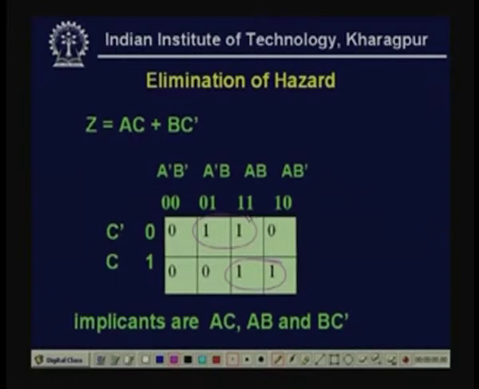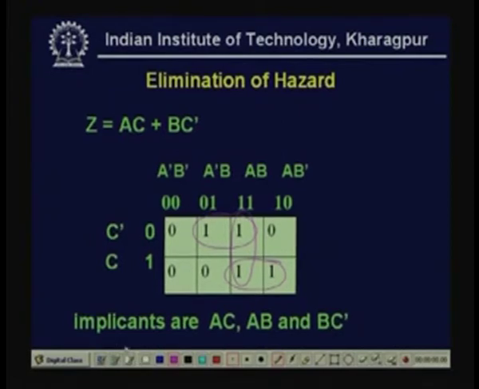Now, there is another redundant implicant, that is my AB. Earlier we discussed, by K-map or Quine-McCluskey, that this redundant implicant can be ignored so that it can be further reduced. But now we consider this implicant AB again. So, now the implicants are AC, AB and BC dash.